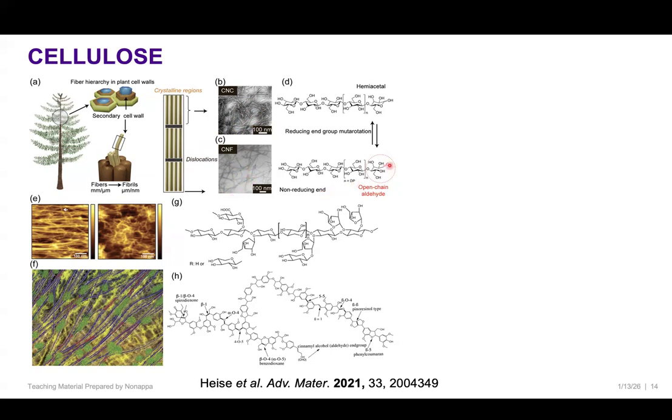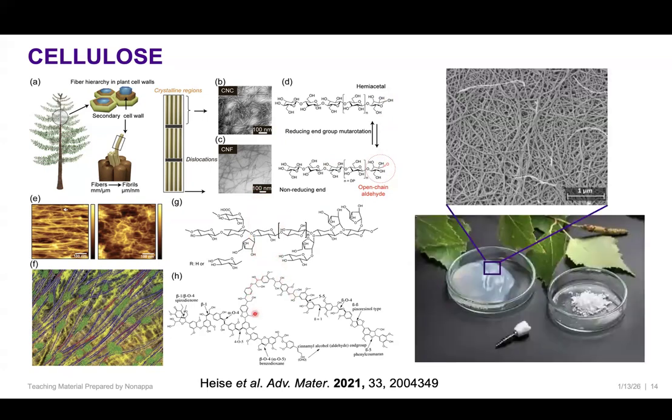They also have multiple chains stacked together, with certain repeat units, and they also have reducing and non-reducing ends. But the plant cell wall, and plants, contain in addition to cellulose also hemicellulose and lignin. If you look at the scanning electron microscopy image of nanocellulose, you will see a highly entangled fibril network.